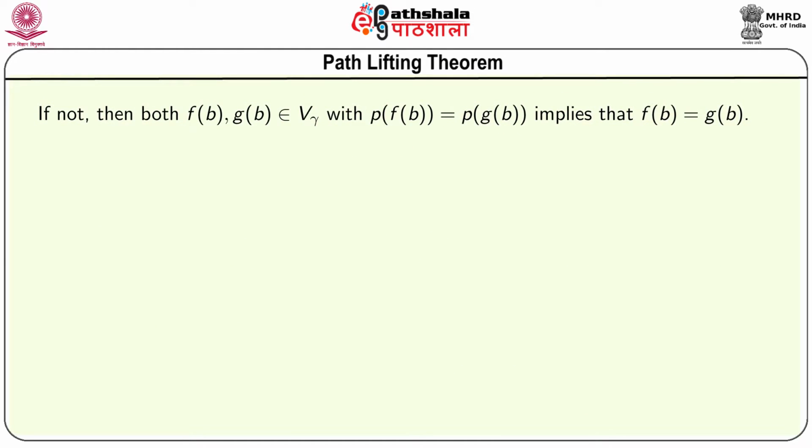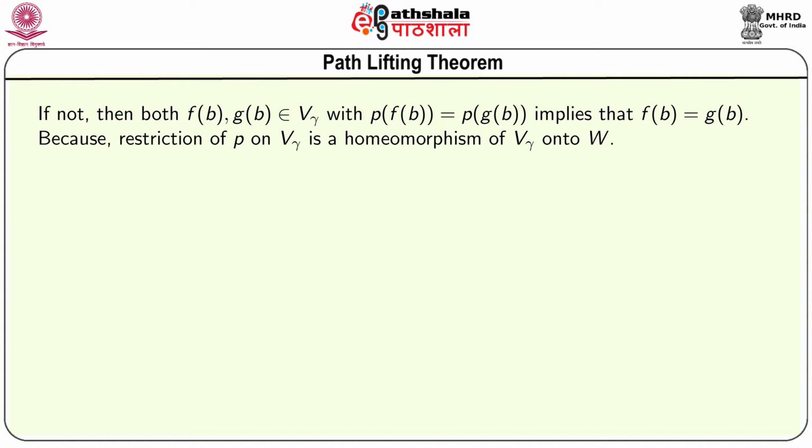If not, then both f(b) and g(b) are points in V gamma with P of f(b) equal to P of g(b), which implies that f(b) is equal to g(b), because the restriction of P on V gamma is a homeomorphism of V gamma onto W.